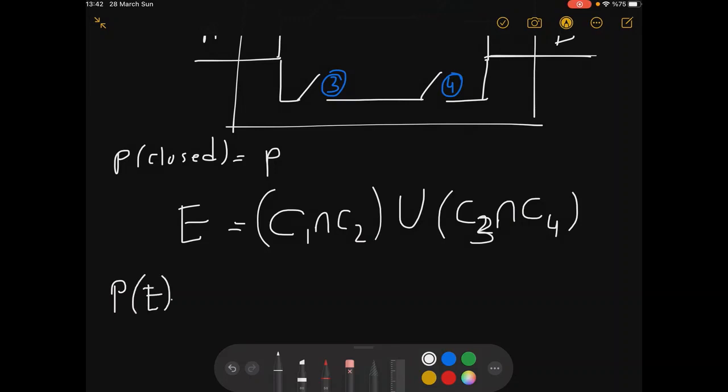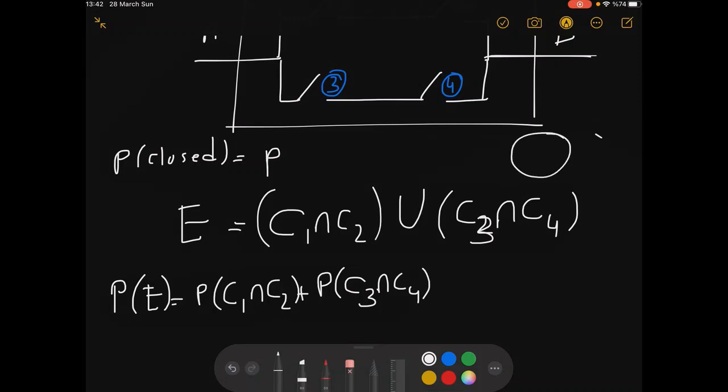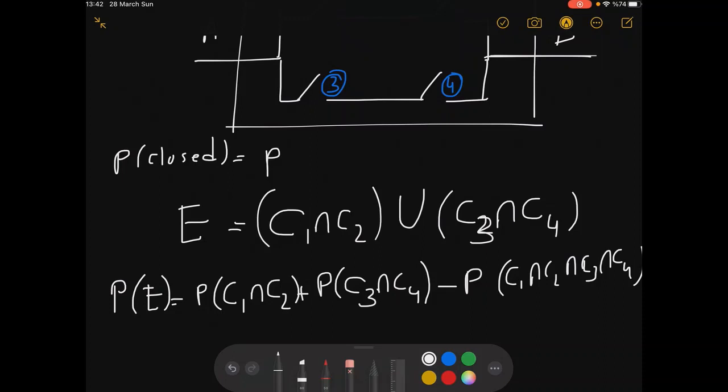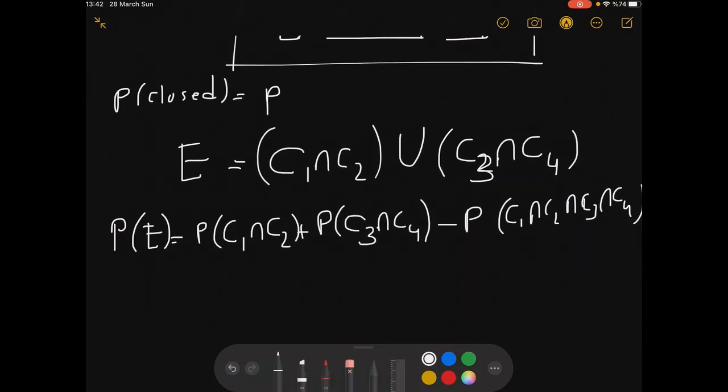Okay, and the probability of E would be probability of C1 intersection C2 plus probability of C3 intersection C4. Is that okay? So both of them could be working at the same time too, right? So we need to subtract this intersection for once. So that's the idea. Probability of C1 intersection C2 intersection C3 intersection C4 should be subtracted from it for once, and the remaining part would be just a calculation.